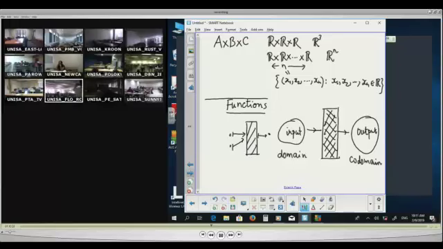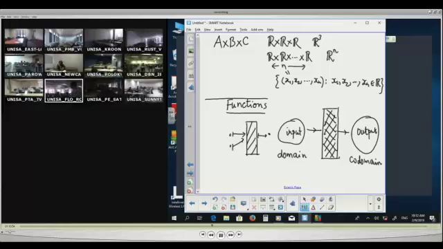Now, it takes something from the domain. God knows, does something strange inside that black box, churns it, produces a member of that output, of that codomain. Yeah? So how do I model this?